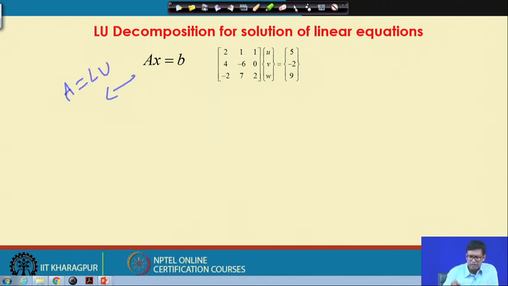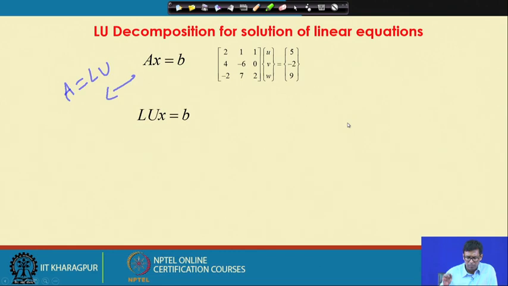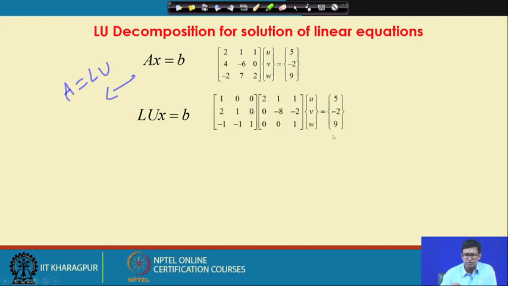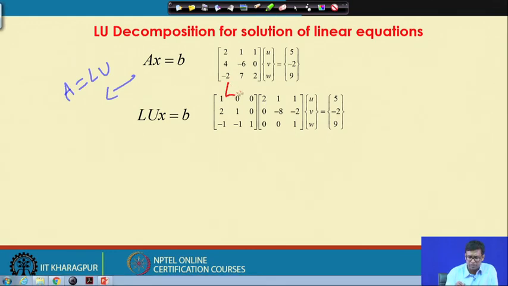So, if I write LUx is equal to b, we have already found out the terms LU for this A matrix in last class, this is the lower triangular matrix L and this is the upper triangular matrix U, and this is x and this is b.